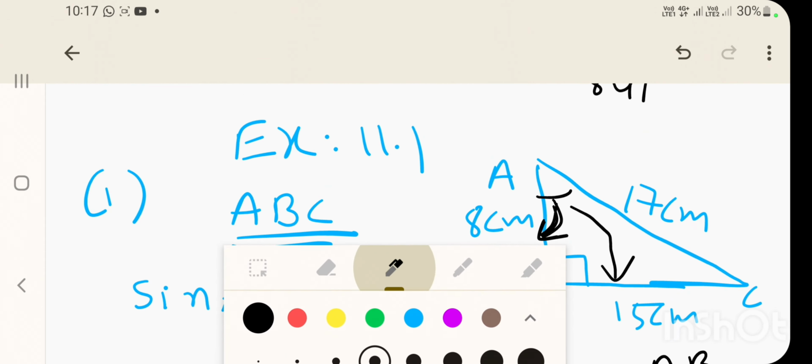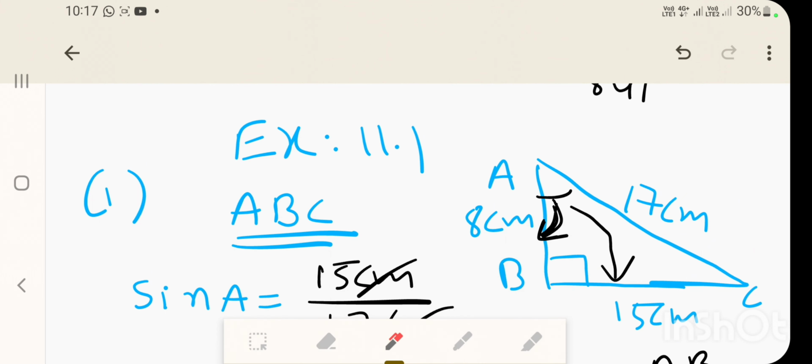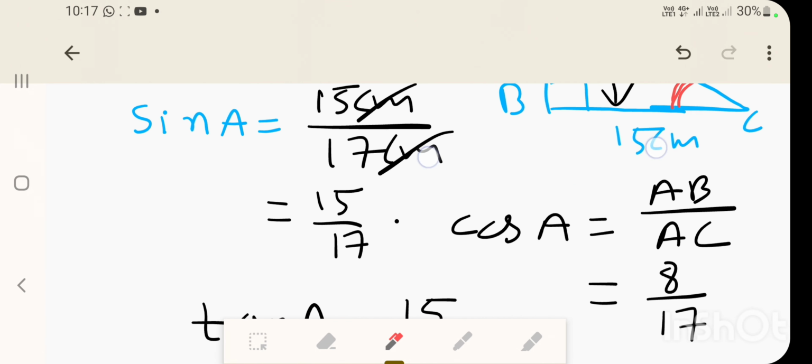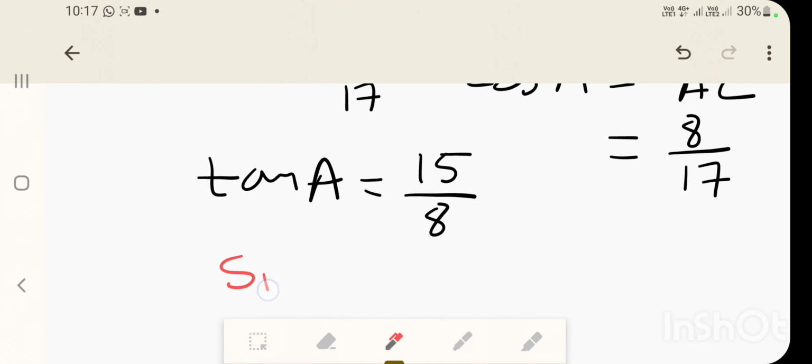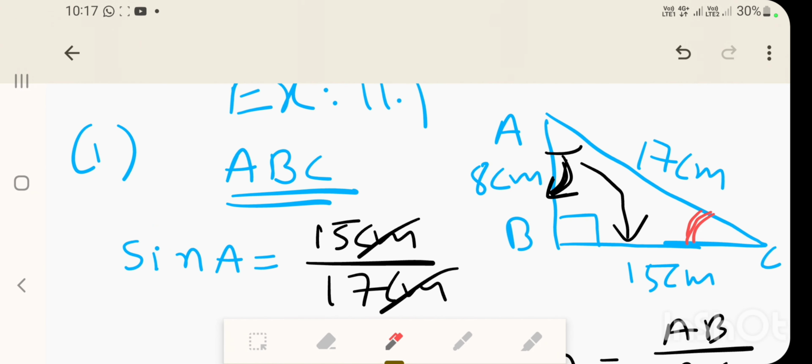Here we can have another case with respect to angle C. Suppose they ask, by giving all these values, what is sin C? The opposite side to angle C is AB, and the adjacent side to angle C is BC.